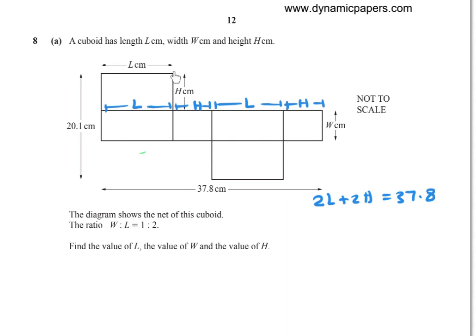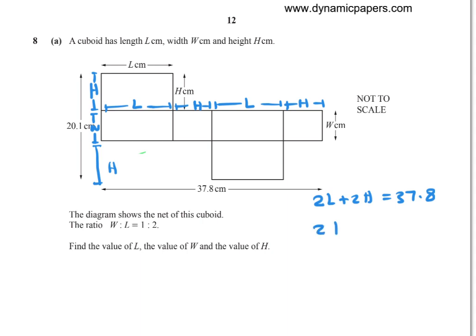Now if this is H, this also H, if this is W, this also W, and now if this height and this height, so this also height. Now 2 height plus 1 width equal 21.1.